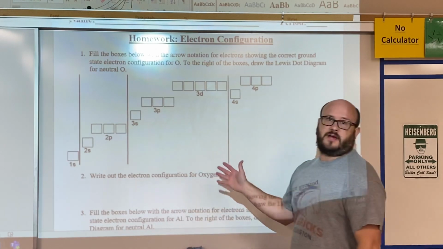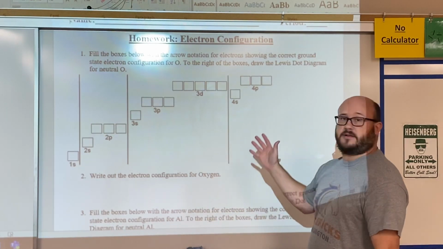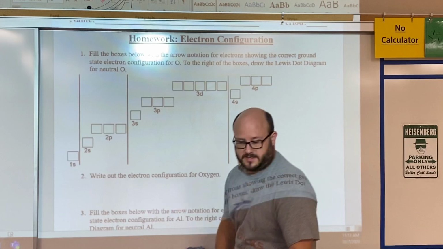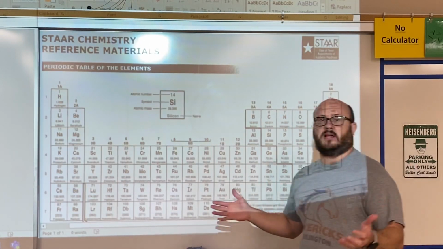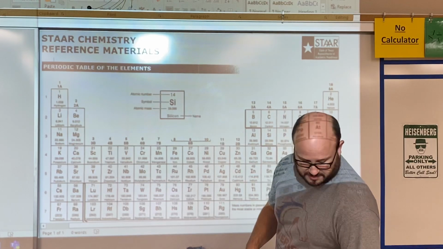Now, the first thing you have to know before you can do any kind of electron configurations is the periodic table, and you have to know what sublevels are what. Now, I'm going to highlight these real quick for you.